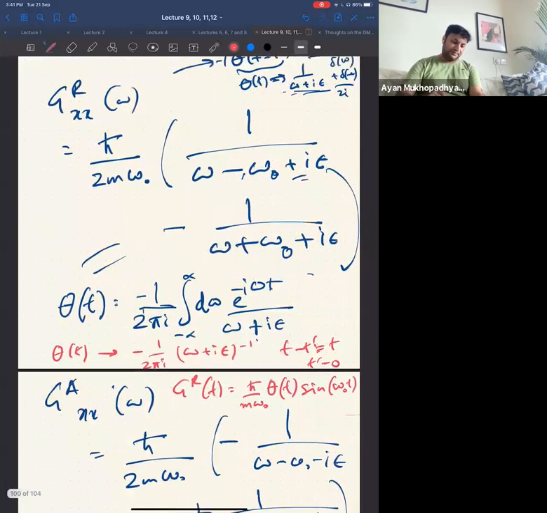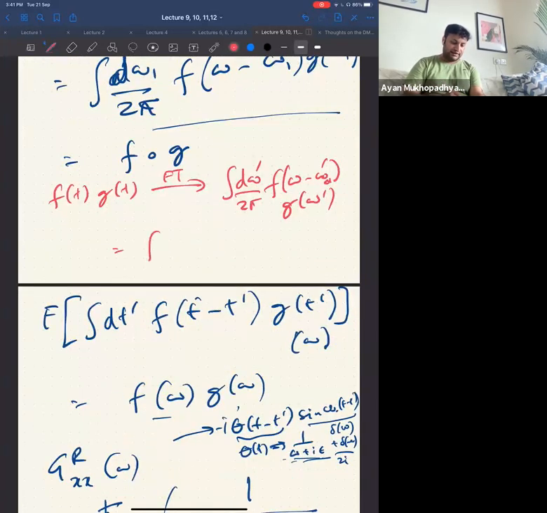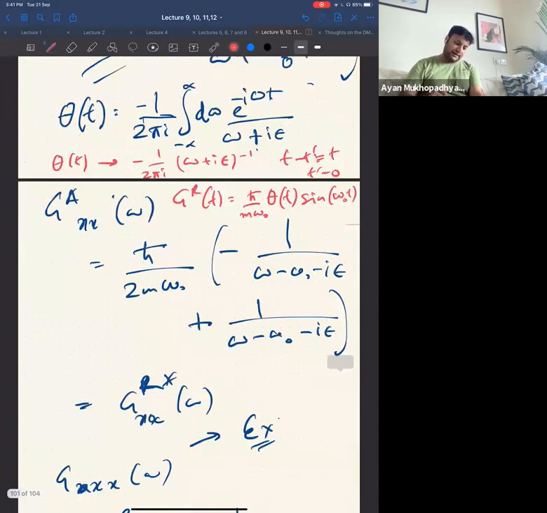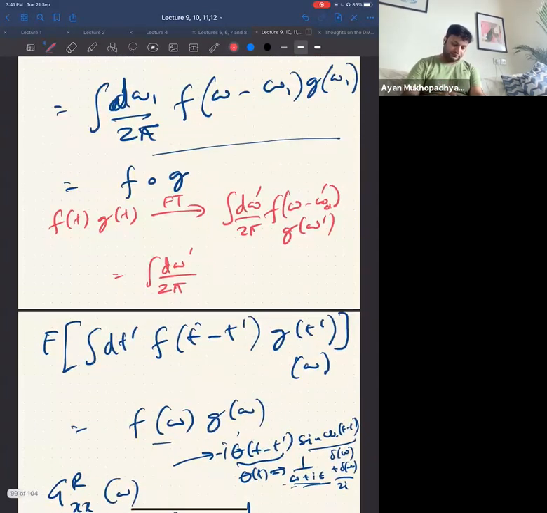Yeah, so therefore, if I substitute it here, I should get the integral d omega prime by 2 pi, then 1 by minus i, and then I have 1 by omega minus omega prime. Now here it should be plus or minus epsilon.